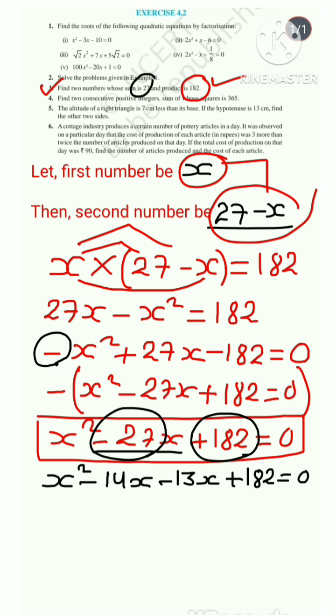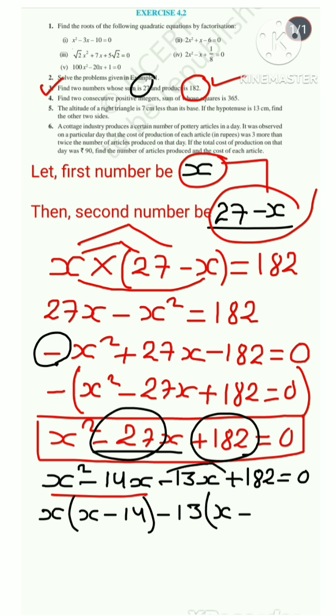Now from this pair we can extract x as common, and here remains x minus 14, and from this pair we can extract minus 13 as common, so here remains x minus 14, since 13 times 14 equals 182, equal to 0.